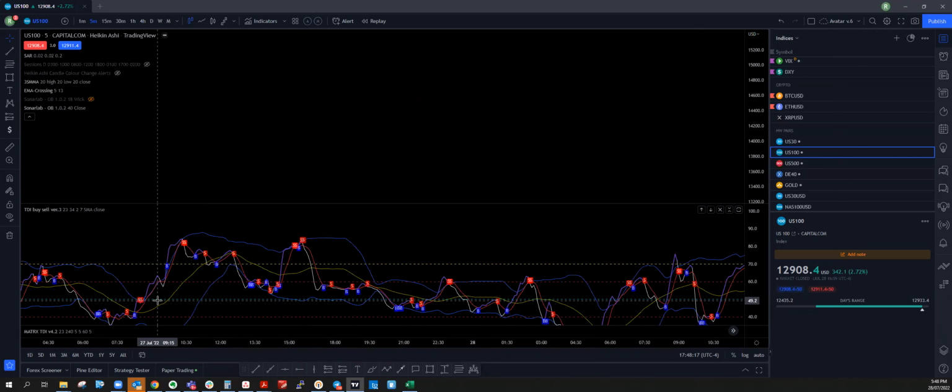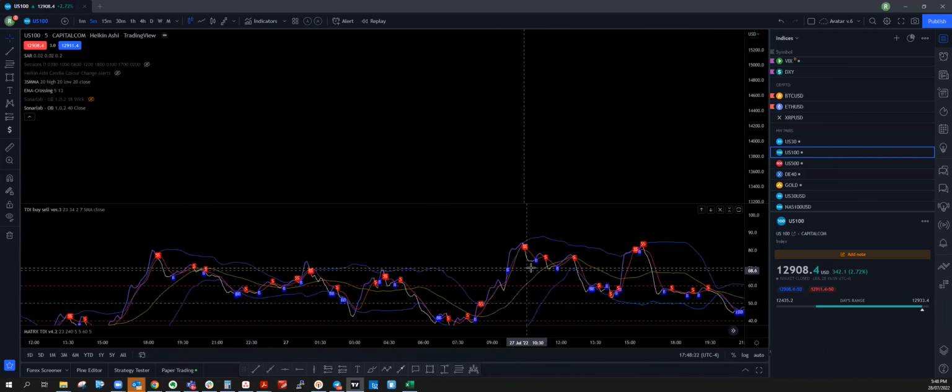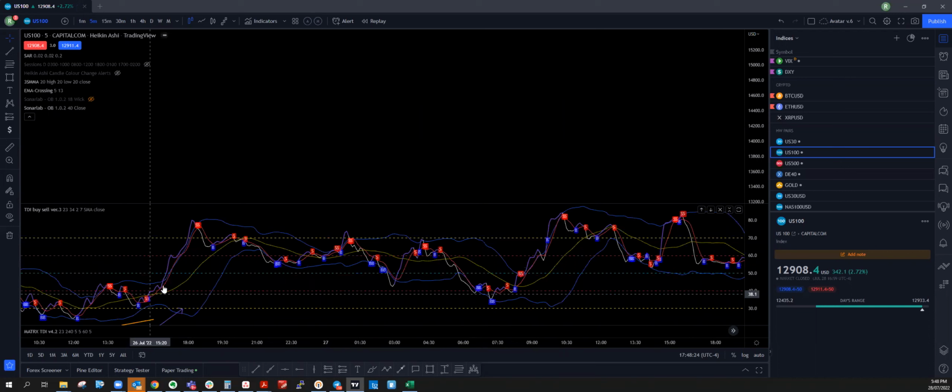So what I like to do is when I see a strong push like this, where you see a long shark fin, and then you see a VBC where the RSI is crossing the outer band and the TSI at the same time, that is typically a nice place to get in for a sell. And you're going to get a pullback before the actual drop, but that is usually a nice place to get in for a reversal after a strong push.